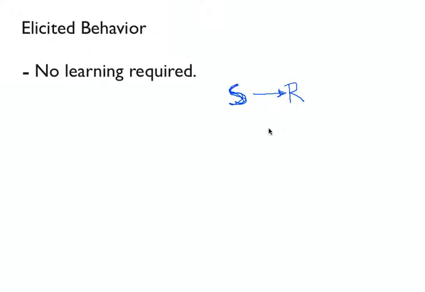They are elicited by the loud, surprising stimulus. Right? So I hope that concept is clear: the fact that there are some responses that require no learning. That's a key issue.